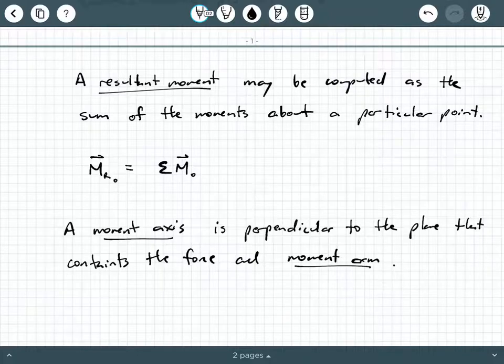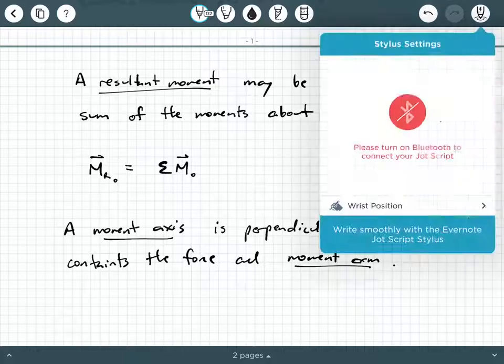Now, what do I mean by moment arm? If I say moment arm, I'm referring to whatever the perpendicular distance is that I'm interested in. I know this was a lot of vocabulary, a lot of terminology. Maybe rewatch this video a little bit and take all these notes down. And in the following videos, we're going to get into some numerical examples.